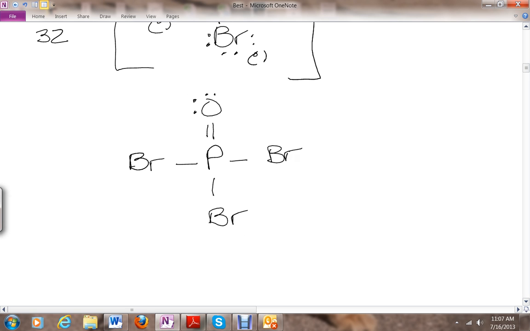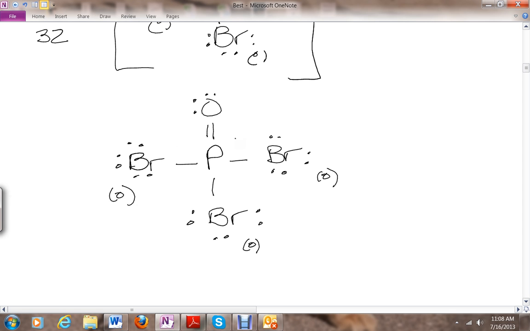We don't need to touch them too much in this case because they already have 0. So try not to touch the ones that already have a formal charge of 0, because that's what we're trying to accomplish. So the bromines stay the same. 0, 0, and 0.